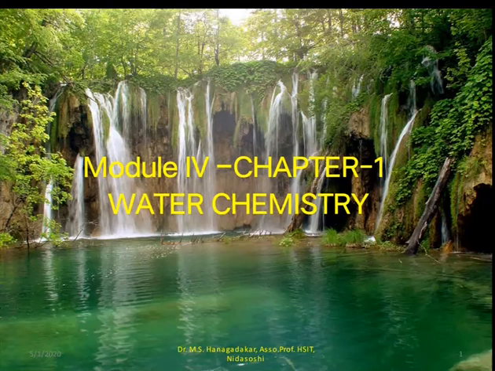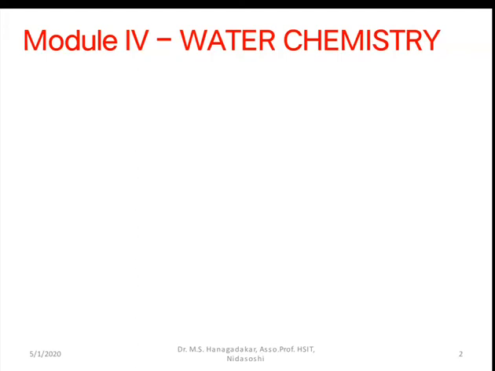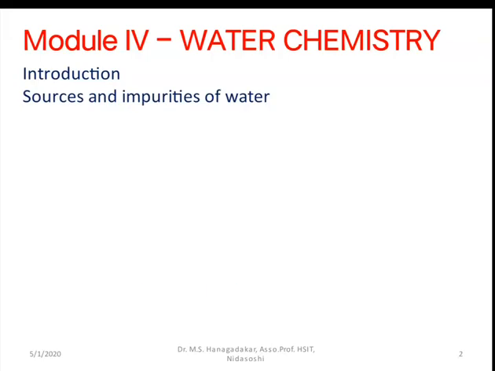Now, in this small chapter, Module number 4, Water Chemistry, let us look at the content of the syllabus we are going to discuss. The first one is the introduction. Second, we are going to learn more about the sources and impurities of water.